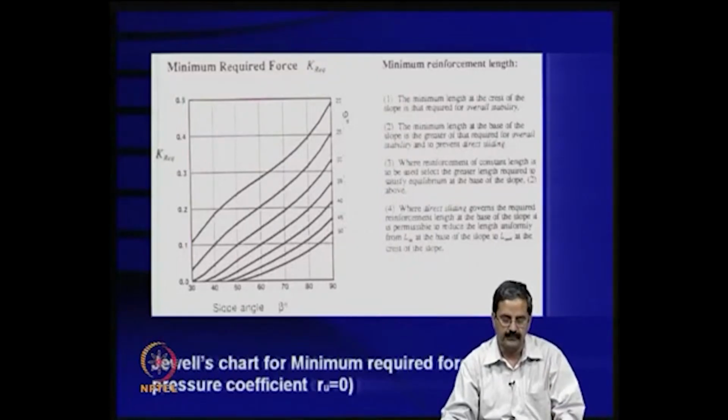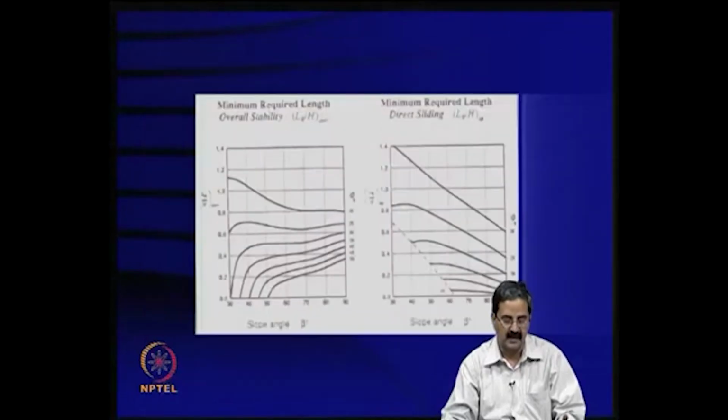So this design charts that are developed, of course there are many design charts developed along these lines, but I find that the Jewel charts are much more elegant to use and simple to understand.